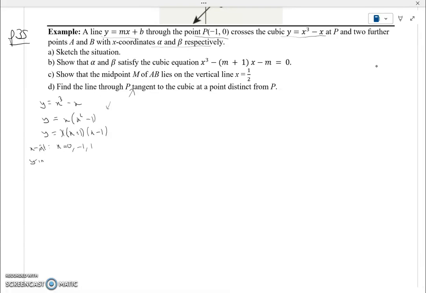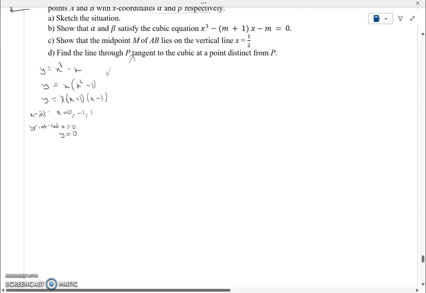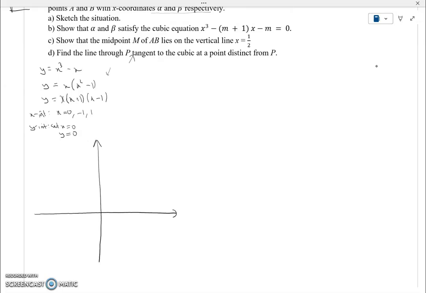Y-intercept quickly. If you set x to be 0 here, the y-intercept is also 0. Okay, I think I've got enough to sketch that, so I'm going to start. So 1, -1, 0. I've got my three x-intercepts here, and it's a positive cubic, so it's going to look something like this.